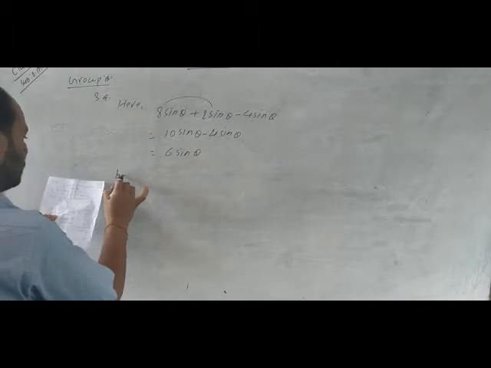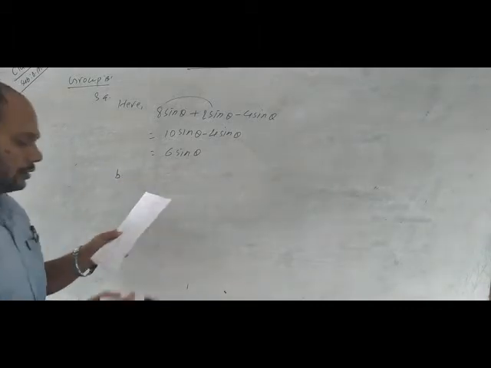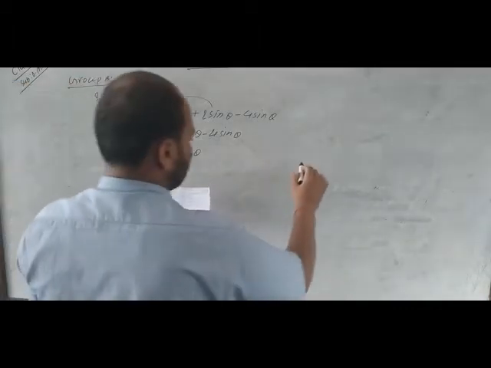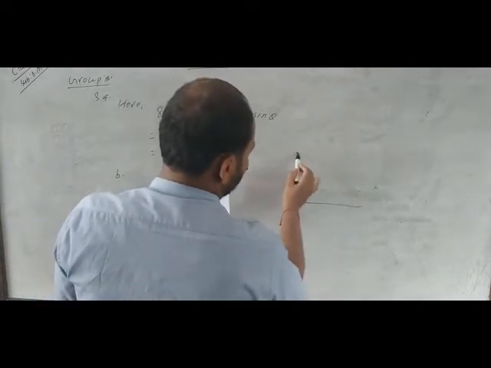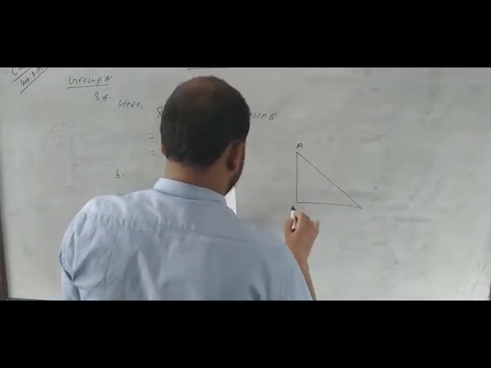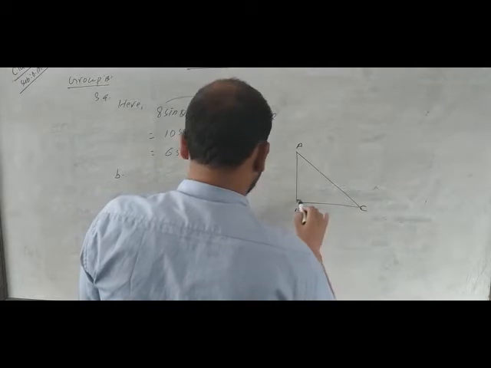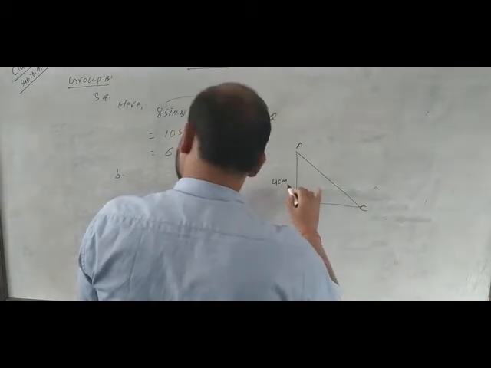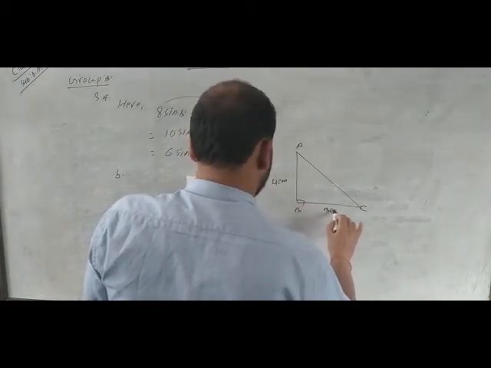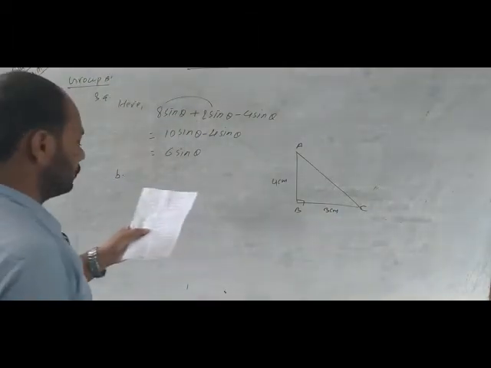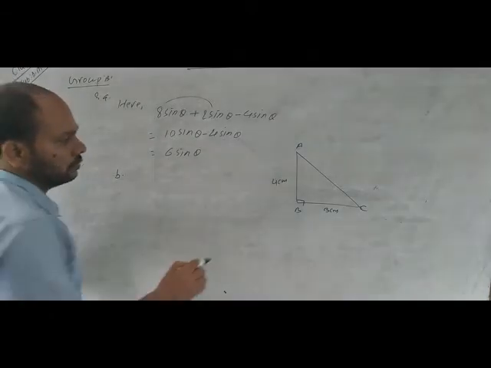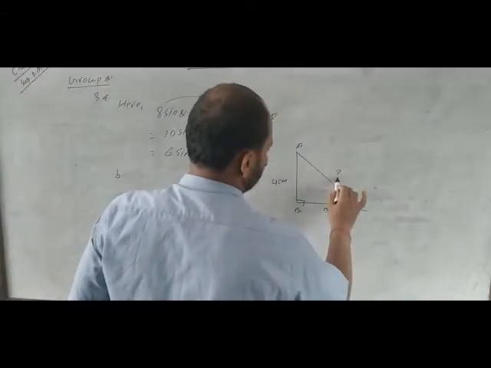And now in B number, your question says find the measure of unknown sides. Here we have given the figure. Look here, A, B, C. This is 4 cm, 3 cm. You know which is the unknown side? You should find AC.